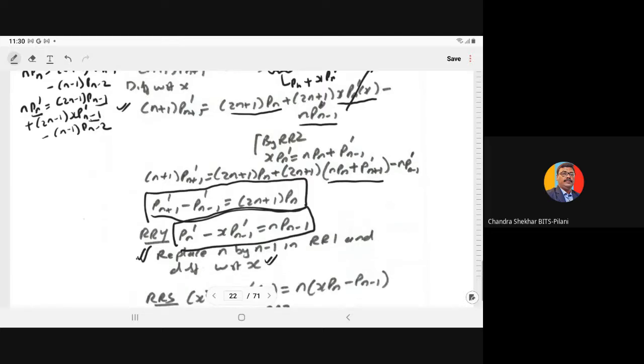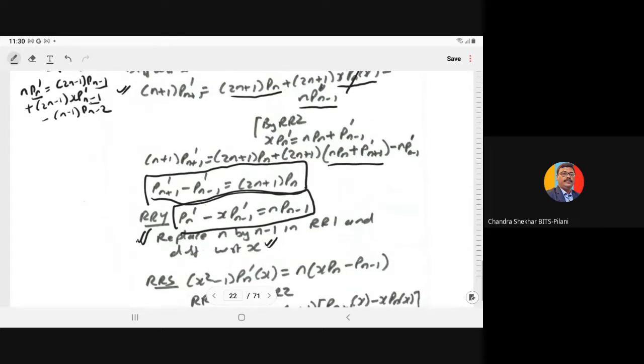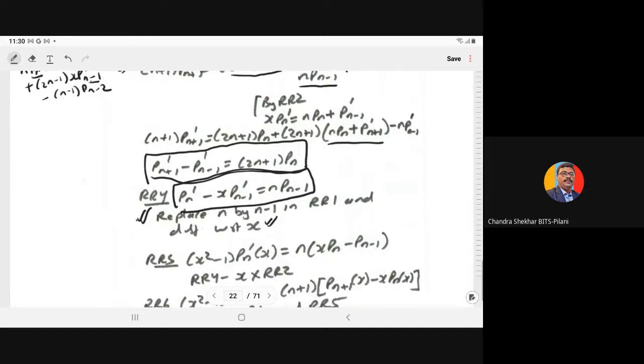By the recurrence relation 2 or 3, you can check. So just by checking this, you can prove the recurrence relation 4.